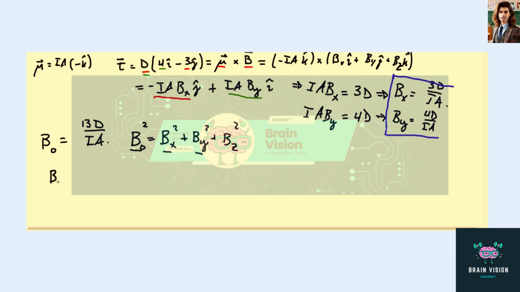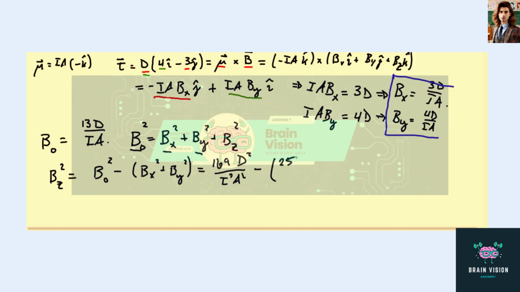So Bz squared is equal to B naught squared minus the other terms. Squaring, this gives me 169 d squared over I squared A squared minus, in here, 3 squared, so 9, plus 4 squared, 16.